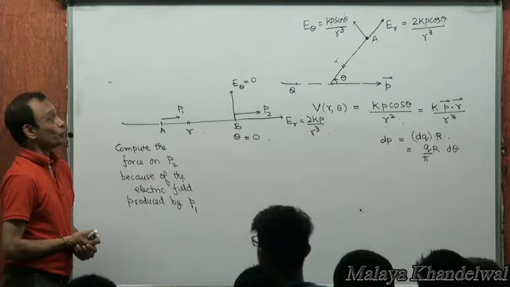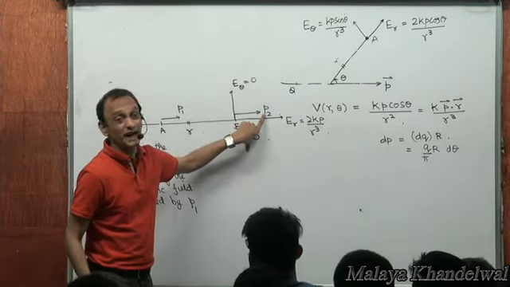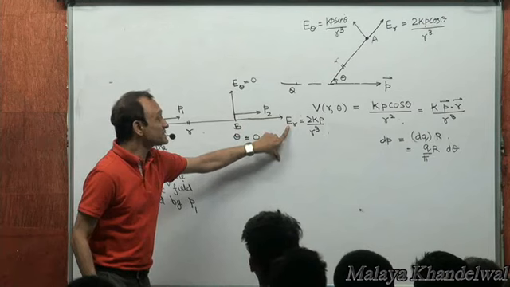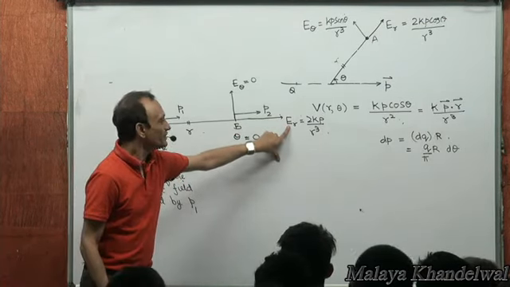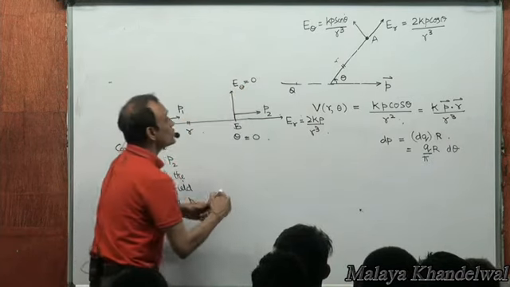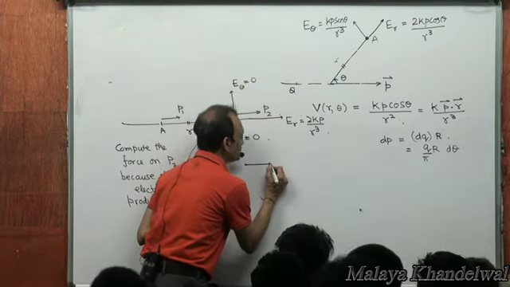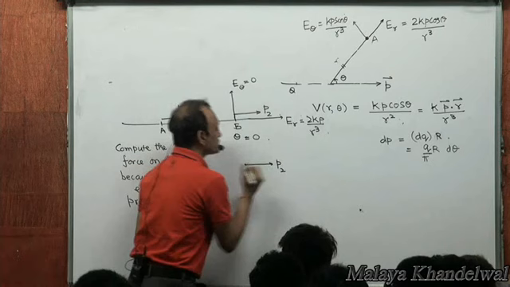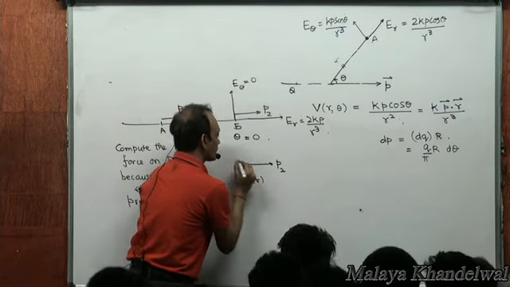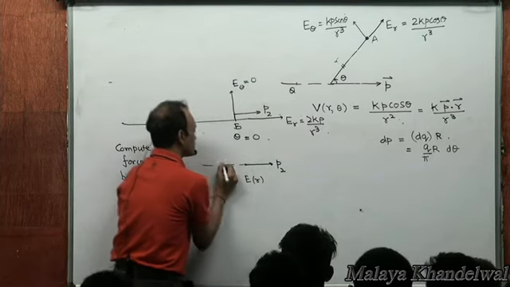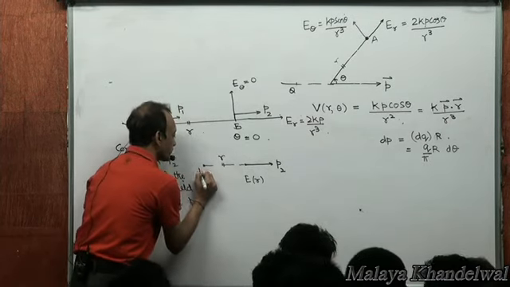Now, this is a dipole placed in this electric field. Yes or no? This is the electric field because E theta is 0. So now I have a dipole P2 placed in an electric field, at a distance r from P1.